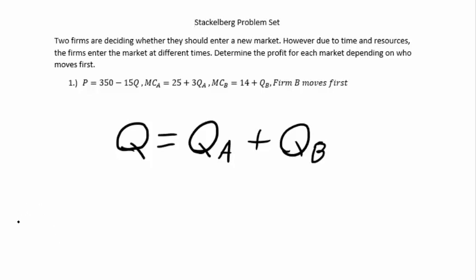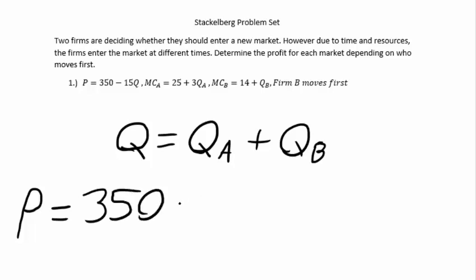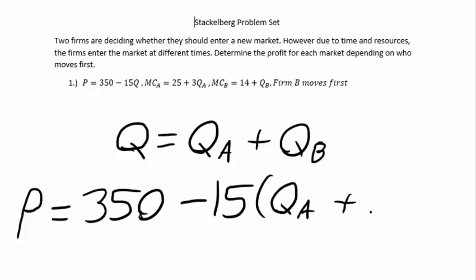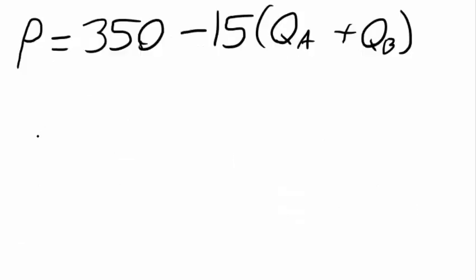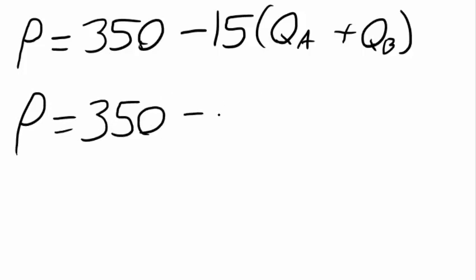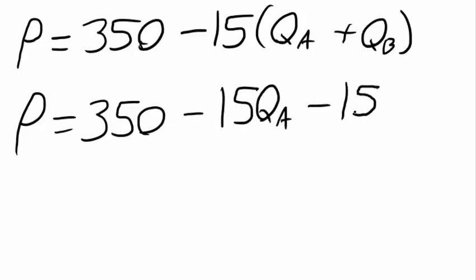So we can rewrite our price function to equal P equals 350 minus 15 times (QA plus QB). And if we distribute that negative 15, we get P equals 350 minus 15 QA minus 15 QB.